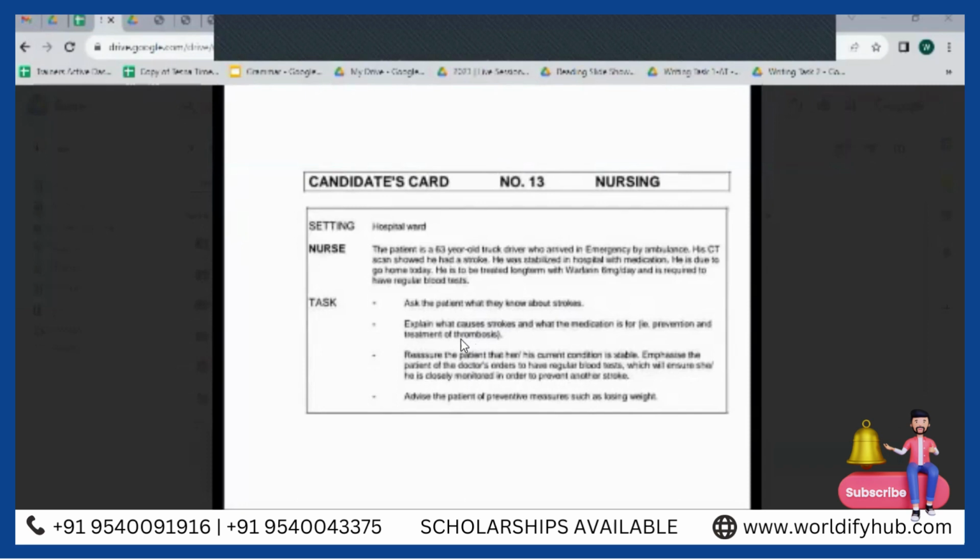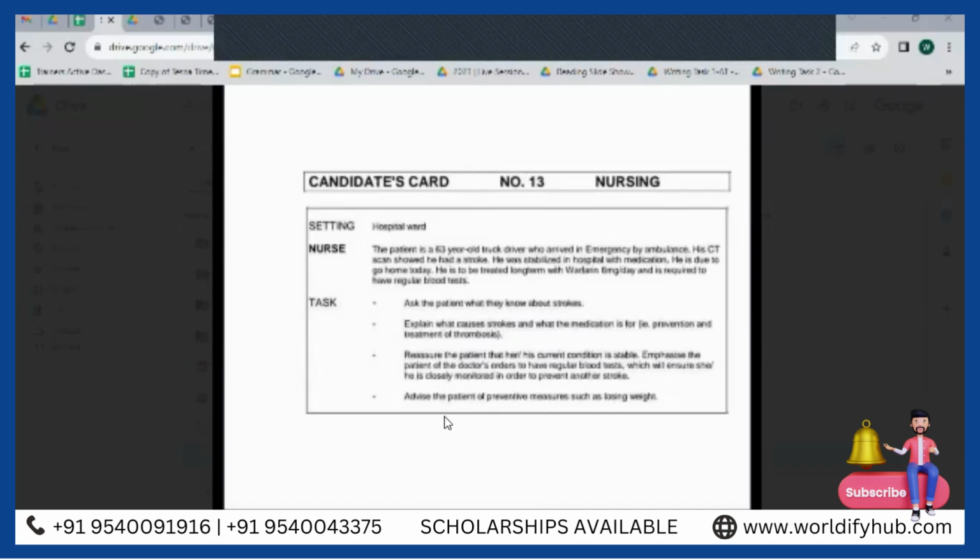So basically, the role play revolves around educating the patient about his condition and ensuring that he knows how to avoid it again. So you can guide him into what medications he has to take, and what precautions he has to take to prevent it, and also for the treatment of thrombosis. That's what the role play card says.